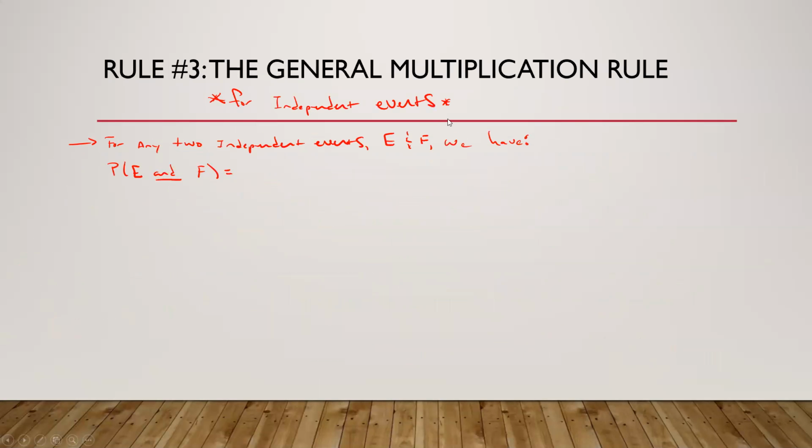Whenever you see the and statement, you're going to think multiplication. Professor, I'm sorry to interrupt, but if we have the or, we still need the minus after the plus. Yes, it depends if the events are disjoint or not. That's the hard thing. You have to figure out if they're disjoint or not. Thank you. Yep.